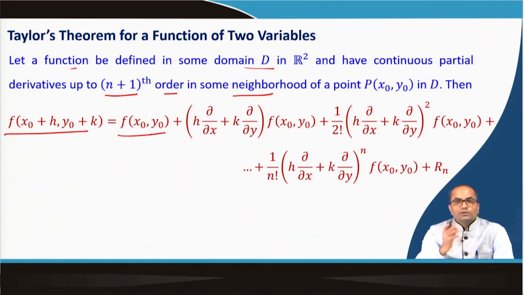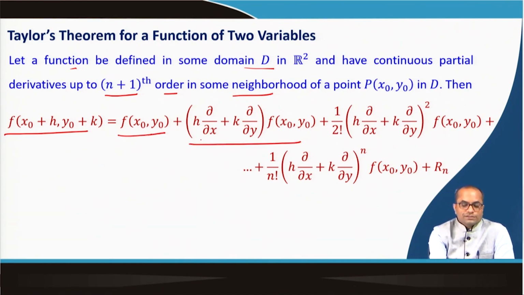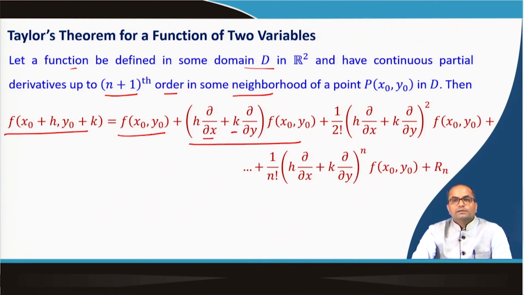So, we have the function value at x naught y naught, then the first order derivative terms: h times del f over del x, plus k times del f over del y, and these derivatives are evaluated at the x naught y naught point. Then we have 1 over factorial 2 times the second order terms, which will be evaluated again at the x naught y naught point.